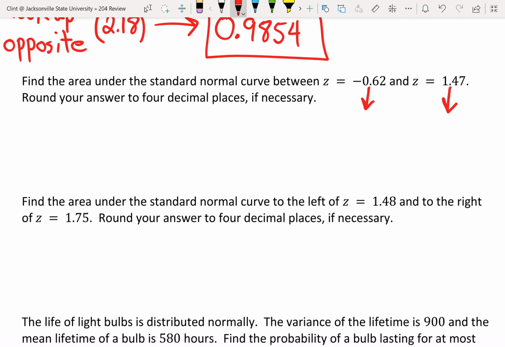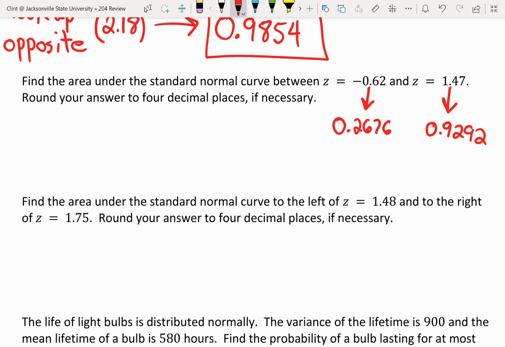I get 0.2676. Positive 1.47, I get 0.9292. And then we subtract. Which one will we put first? Yeah, the bigger one.